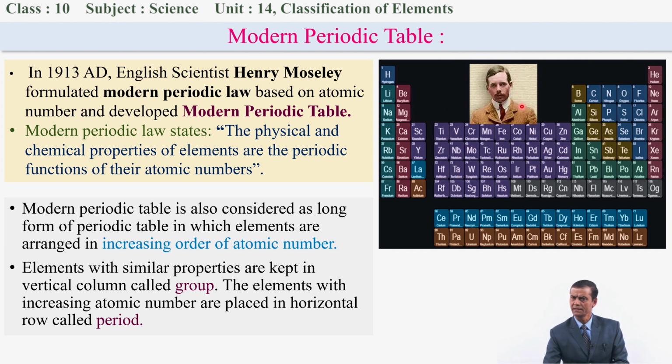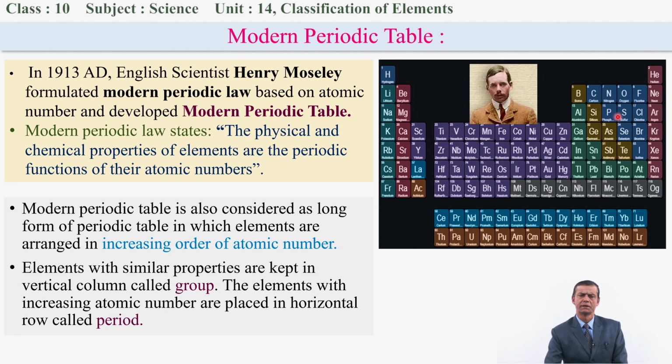This portrait is of Henry Moseley, who proposed this type of periodic table, which was the long form of the periodic table. So, this periodic table is considered the long form of the periodic table, which is the modern periodic table. It was developed on the basis of increasing atomic numbers, that is hydrogen atomic number 1, helium 2, lithium 3, beryllium 4, 5, 6, 7, like this in serial order.